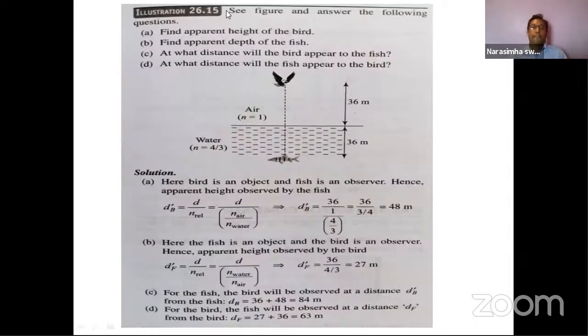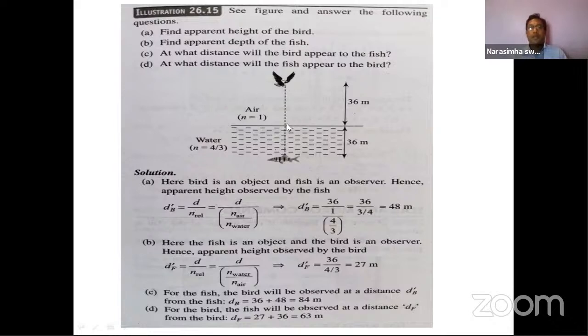Just looking at the diagram, observe the diagram. There is water and air. In the water there is a fish, and in the air is a bird. The refractive index of water is given as 4 by 3, and we know the refractive index of air is 1.